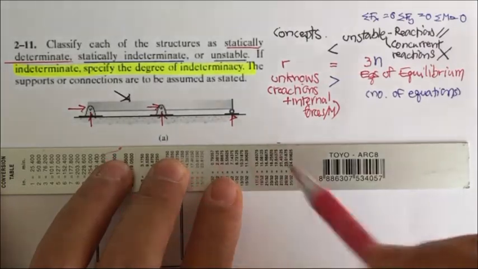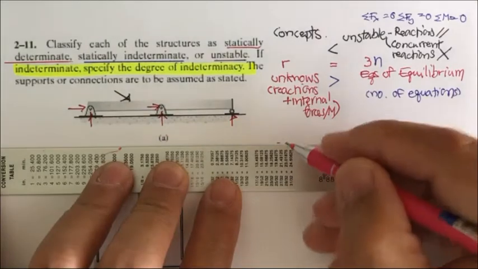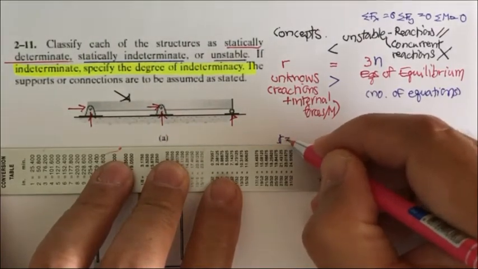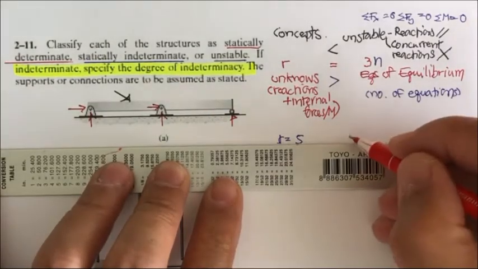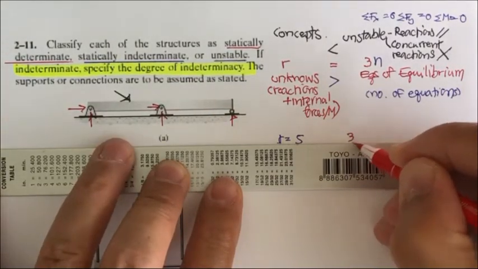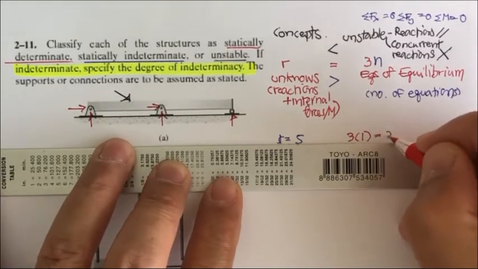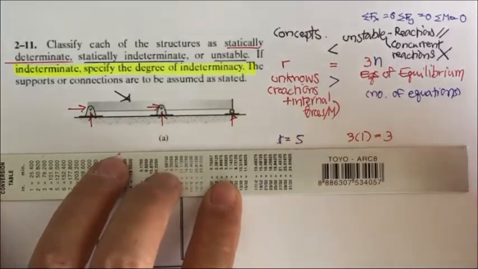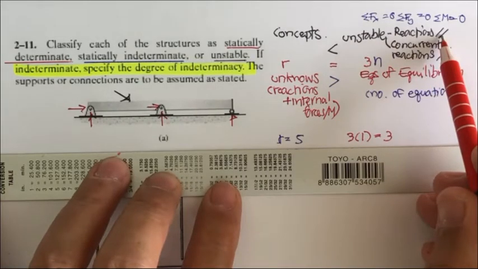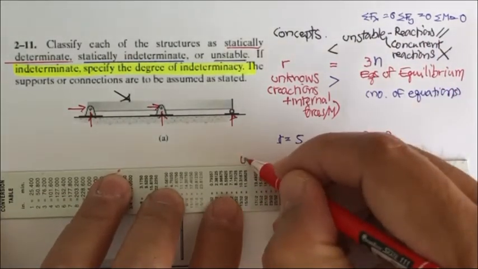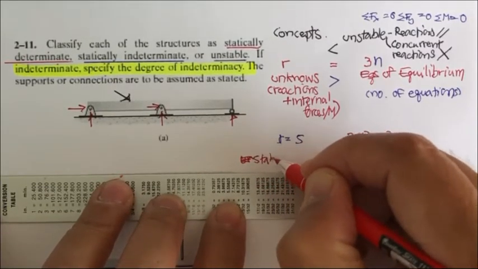for the beam over here, if we count the unknowns, we will see we have 1, 2, 3, 4, and 5. So R is going to equal 5. How about the number of equations of equilibrium? We have only one free body diagram, so it's 3 times 1, so it's going to be 3. This structure doesn't have parallel reactions or concurrent reactions, so this beam is going to be stable.